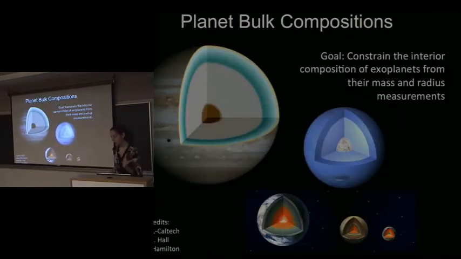And then what we do is use planet interior structure models to interpret planet mass, radius, orbital period, and equilibrium temperature measurements to constrain a range of possible bulk compositions. So we'll move on to briefly summarize the planet interior structure model that I use.